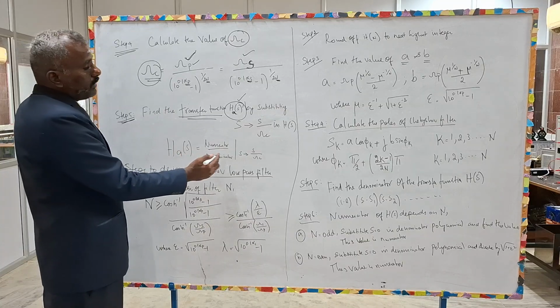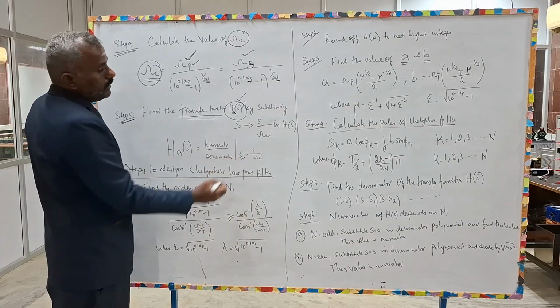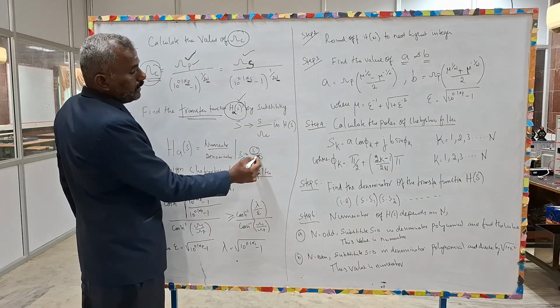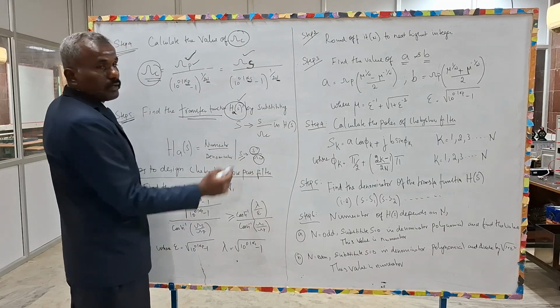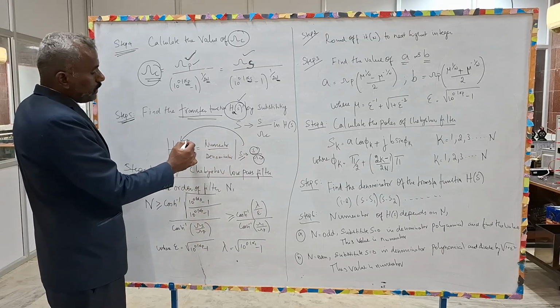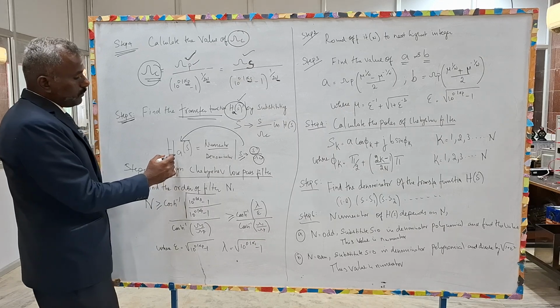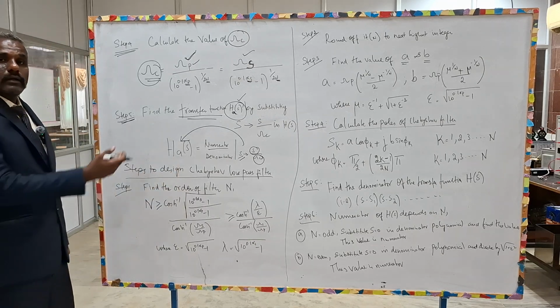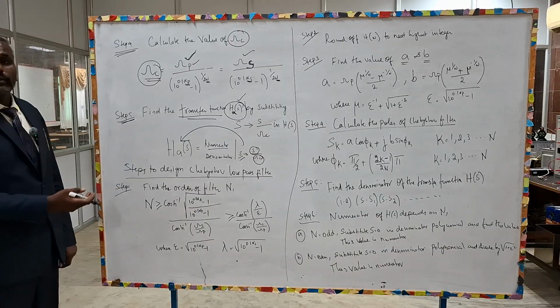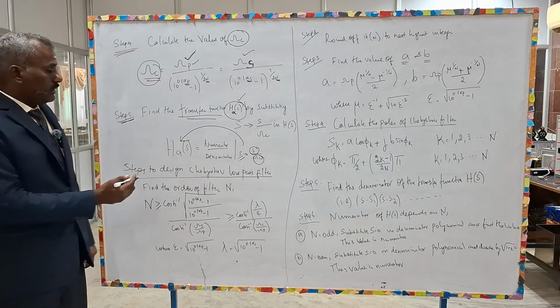Wherever you get s, that s should be replaced by s divided by the analog cutoff frequency. The transfer function you obtain is the analog transfer function. This is the overall procedure of Butterworth filter design.